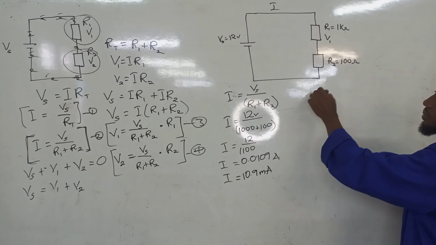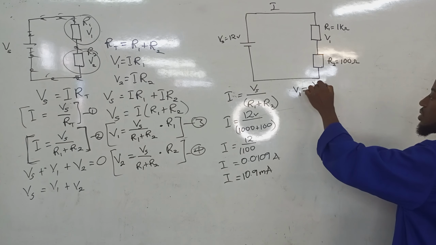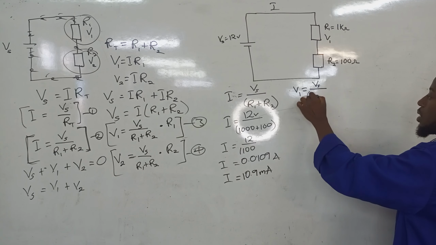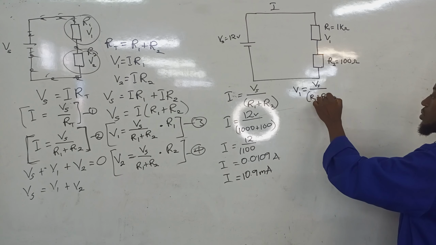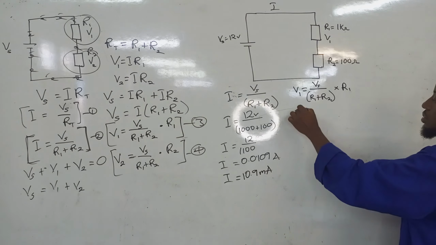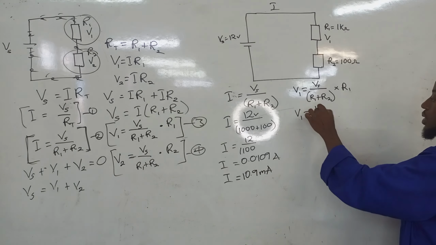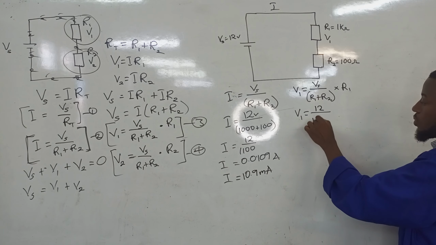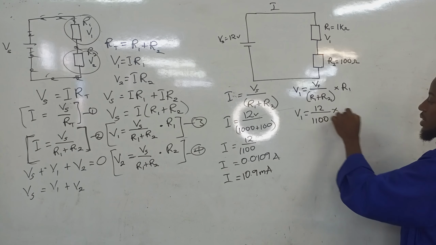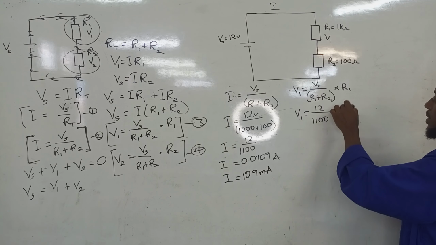So V1 equal to Vs on R1 plus R2 times R1. So quickly, 12 over 1,100 times R1, which is 1,000.